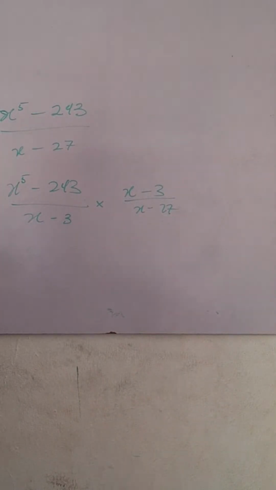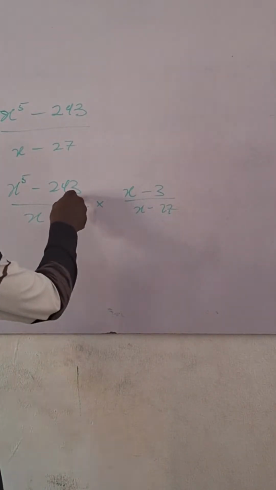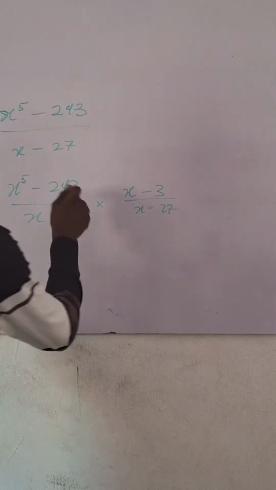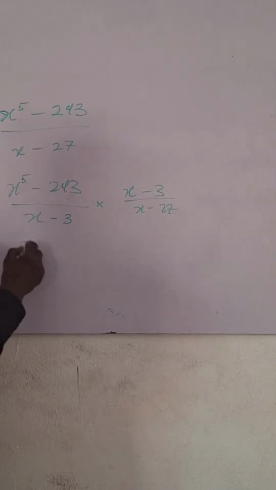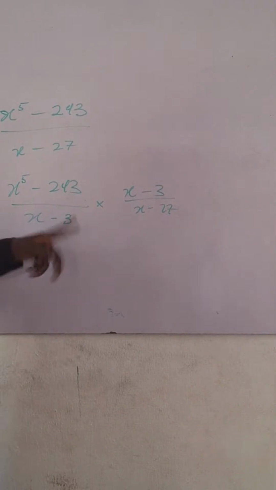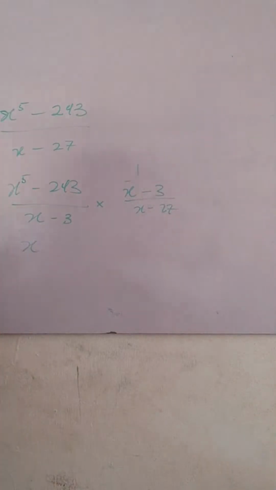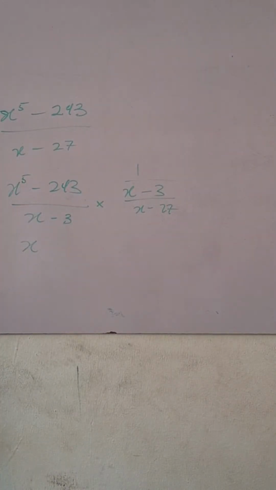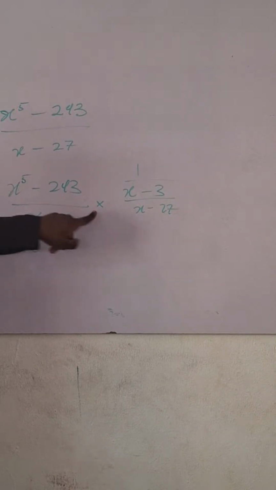Okay, great. So now I can write this guy as 3 raised to power 5, right? Okay. So this will be x raised to power. Hold up. This one is meant to be 1 over. You know that it was a division operation between them before, and I changed it to multiplication.